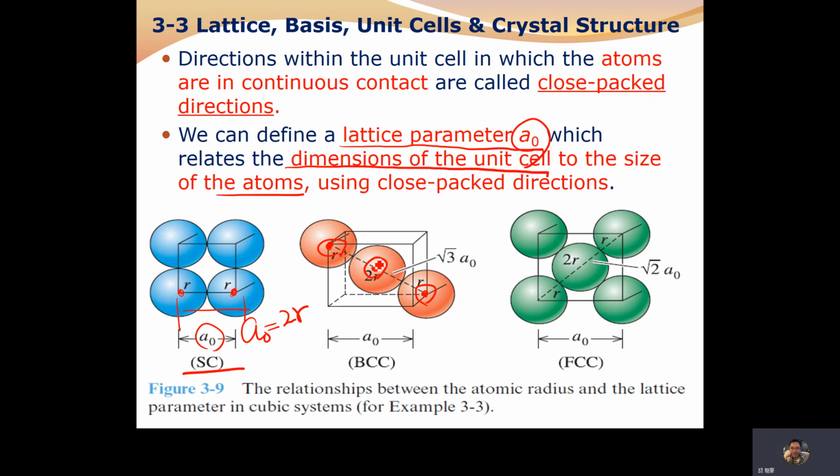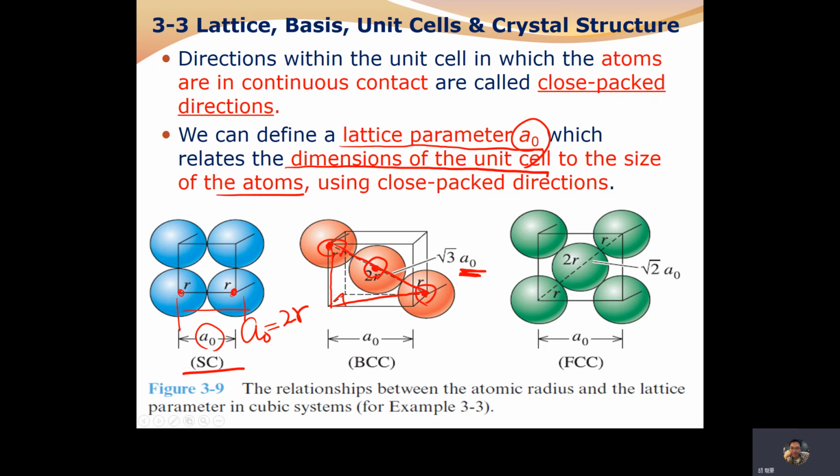Therefore, we can figure out the relation between the lattice parameter and the atomic radius from this triangle, and here is 90 degrees.